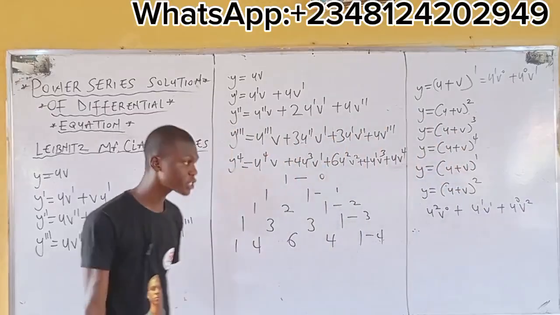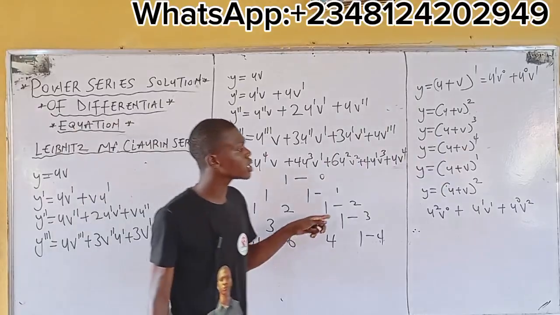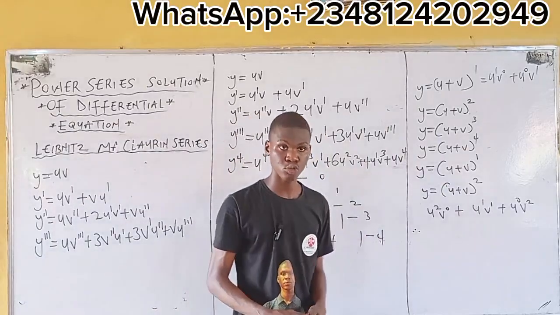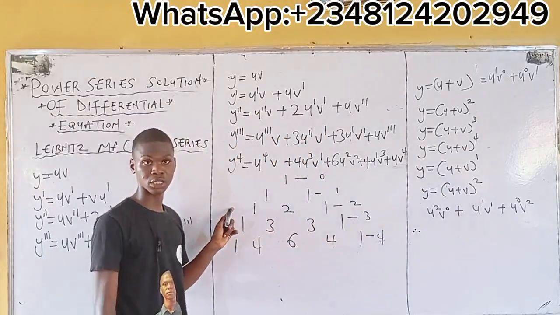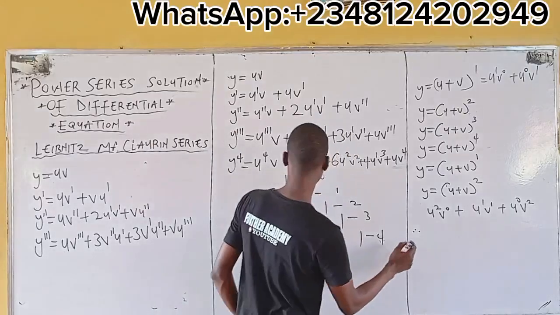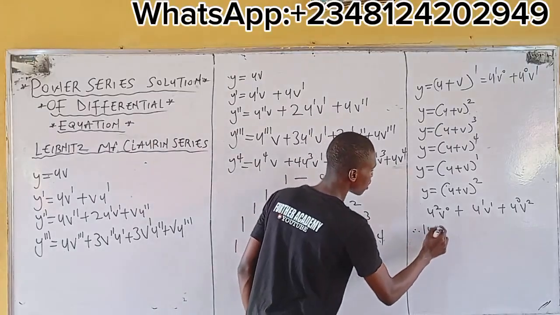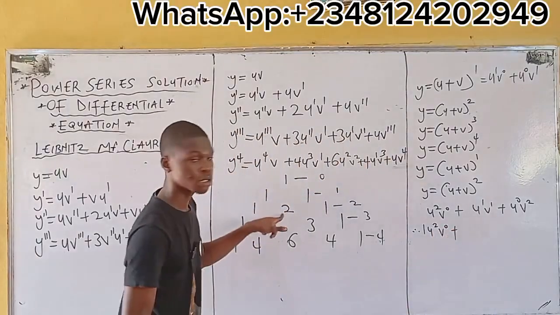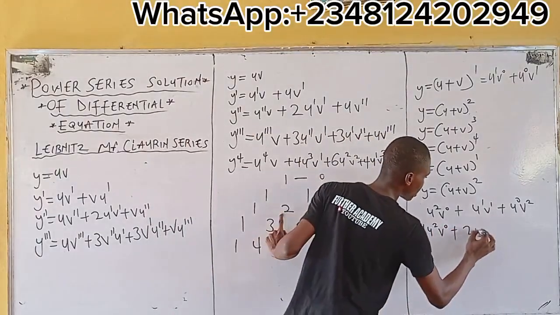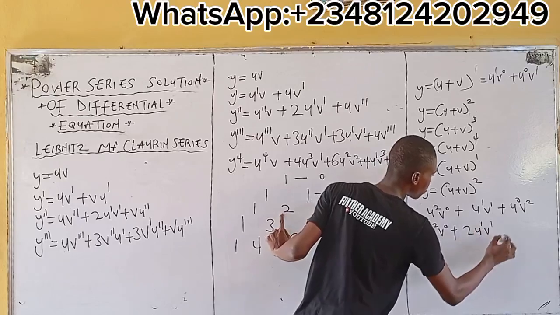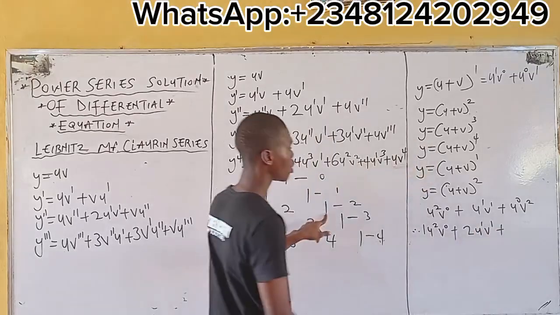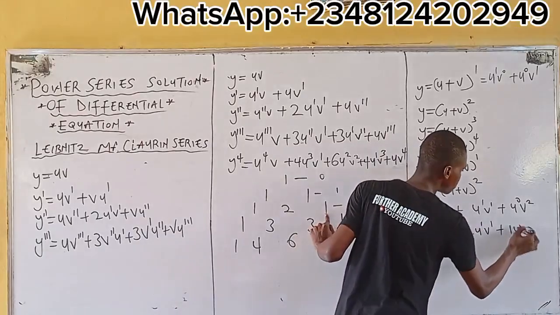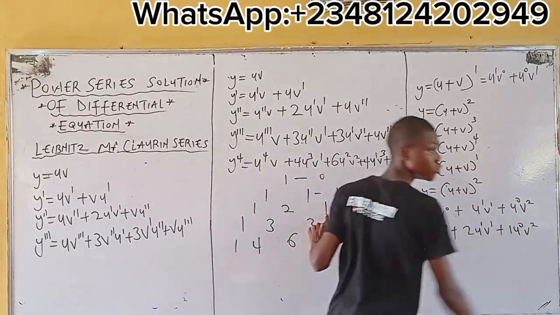Substituting your coefficient, in this case, what is your power? 2. Meaning this becomes your coefficient. So you then have 1 multiplying u raised to the power of 2 multiplying v raised to the power of 0 plus 2 multiplying u raised to the power of 1, v raised to the power of 1 plus 1 multiplying u raised to the power of 0 multiplying v raised to the power of 2.